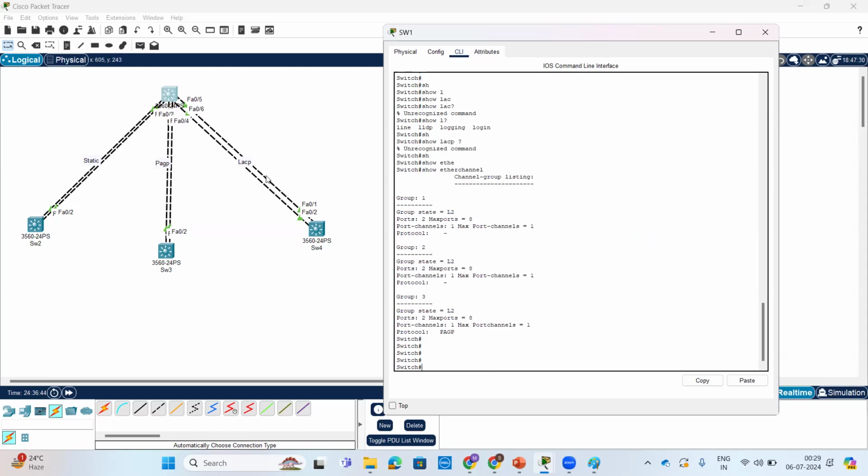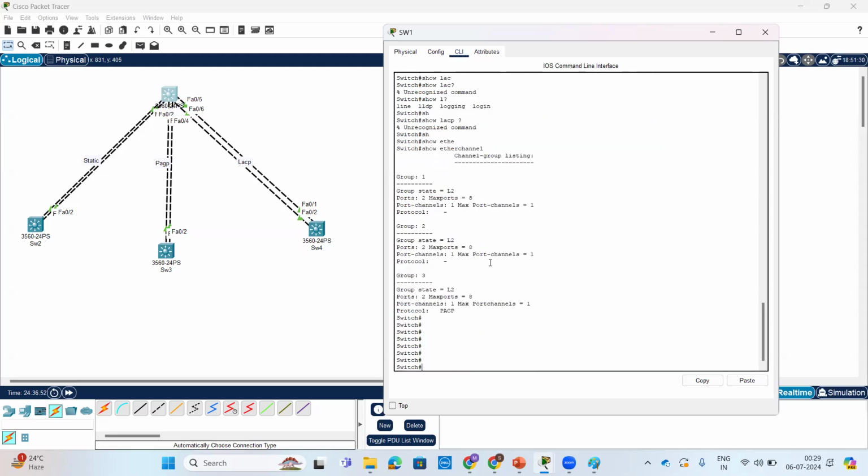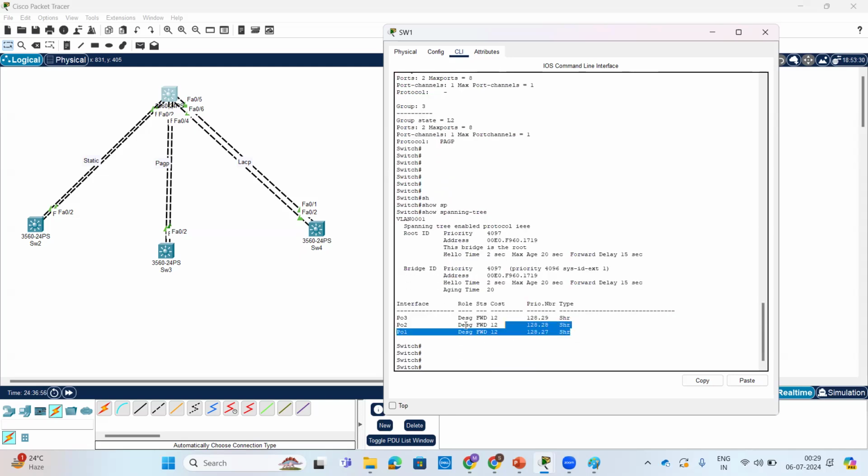Understood? Does anyone have any doubts? How will we verify, how will we troubleshoot the port channel configuration? With spanning tree we can verify how many ports are configured here, and whether they are in the forwarding state, or desirable, or root port. Guys, any questions? Understood the topic?